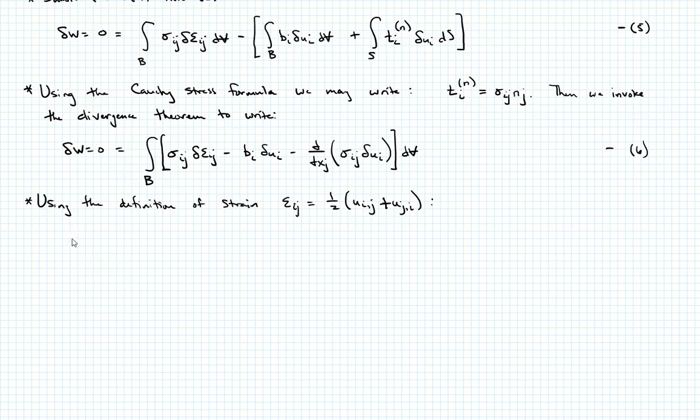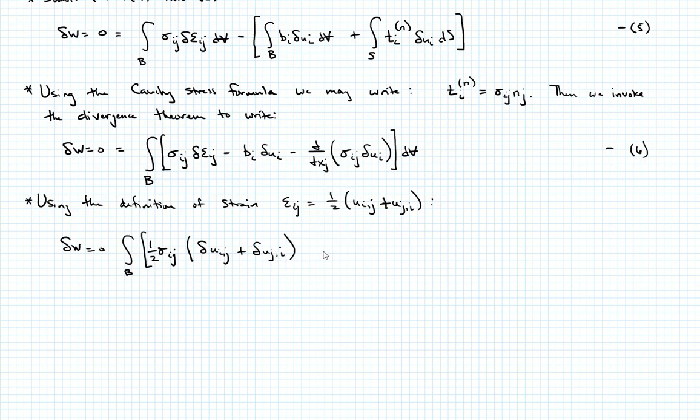When we do that, we end up with delta W equals 0, the integral over the body of the quantity sigma ij times, we'll put the 1/2 there, remember these are virtual displacements, so it'll be delta ui comma j plus delta uj comma i.